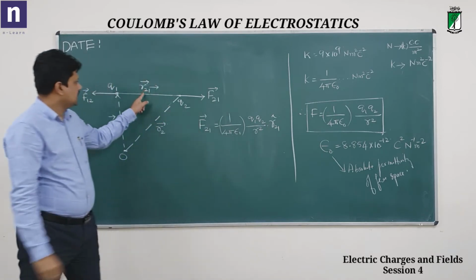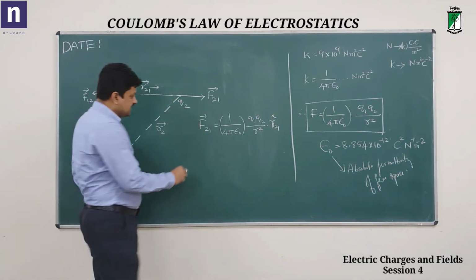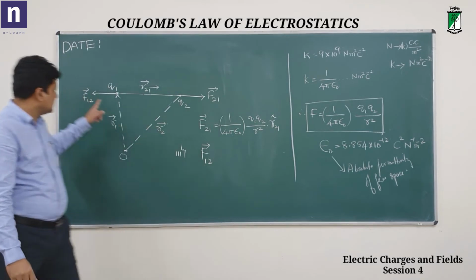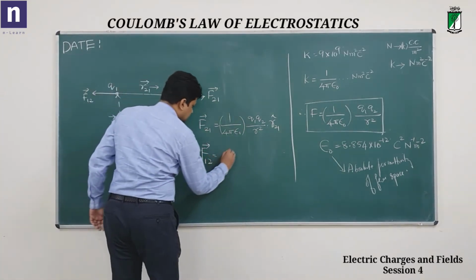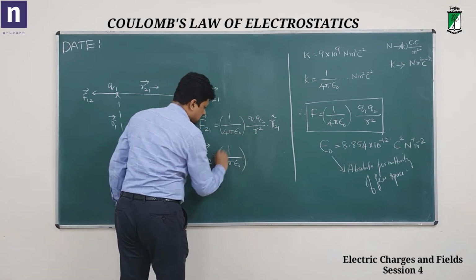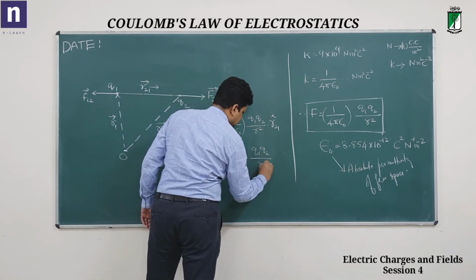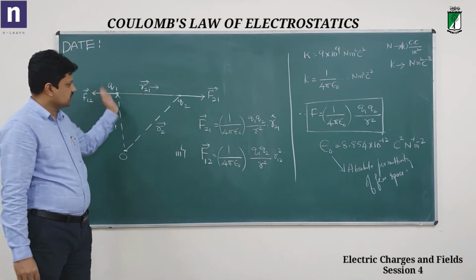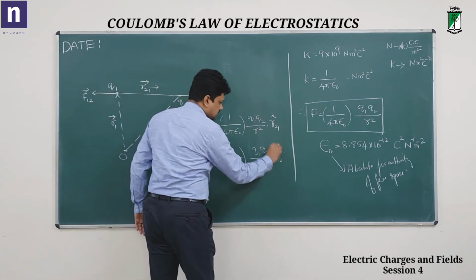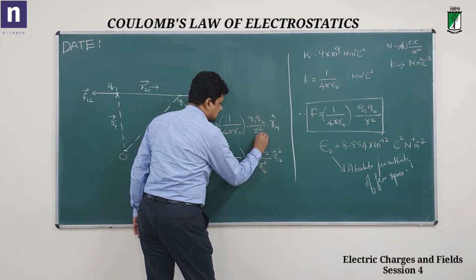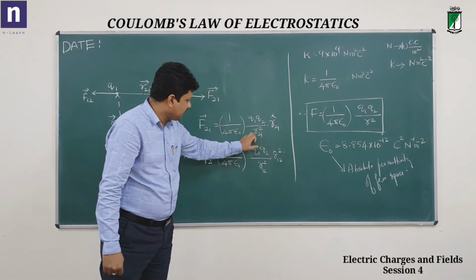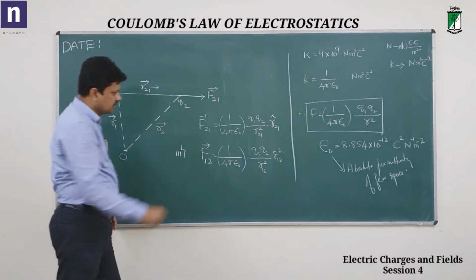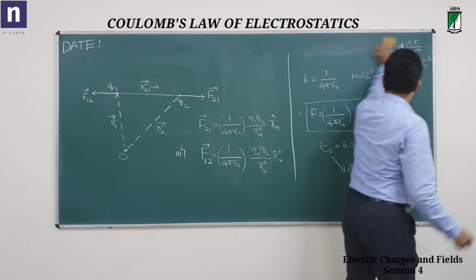Now similarly the force on charge 1 due to charge 2, that is F12, will also be the same: 1 by 4 pi epsilon naught Q1 Q2 by R square, here R12, the distance of 1 from 2, R12 square, into R12 cap. Here R21 is the magnitude of the R21 vector, and R12 is the magnitude of the R12 vector, which is just opposite to R21.